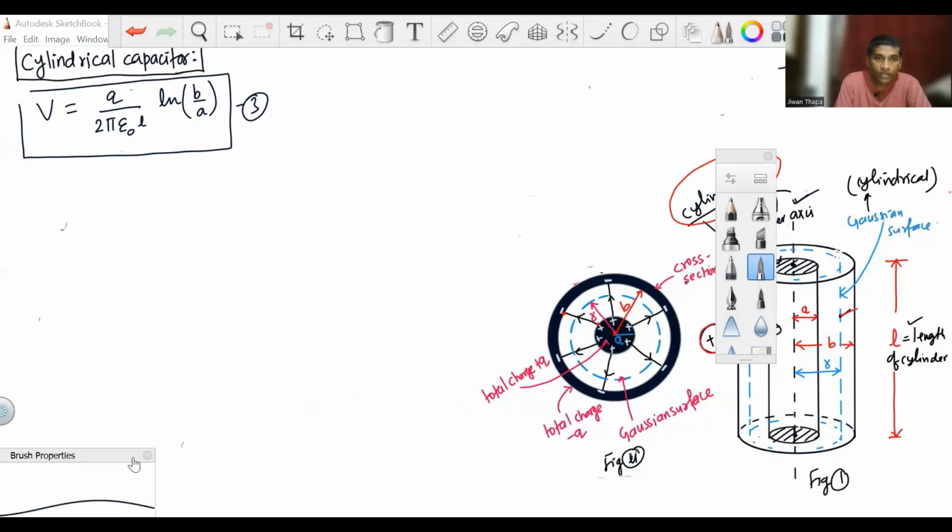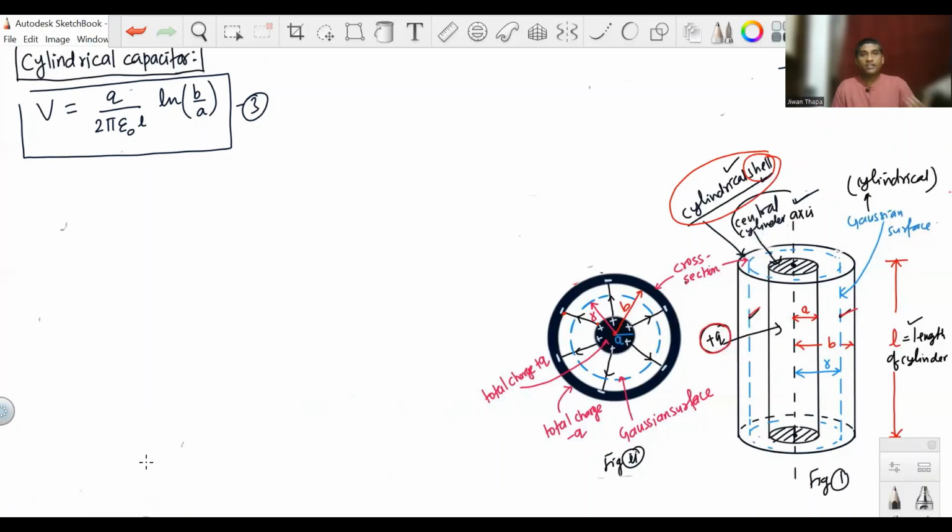Now we can also rewrite equation 3 in terms of linear charge density of the central cylinder, because positive charges are present on the central cylinder. So I'm writing in this way.